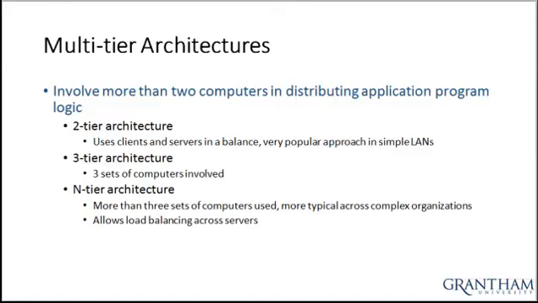For example, if you have a 4-tier, what you may have would be a client or personal computer on which you have the presentation logic. And if we were to use an internet-based application, the second tier would be the web server, where you have the application logic, and the application logic could be spread across multiple servers.